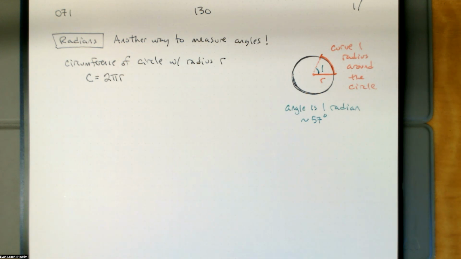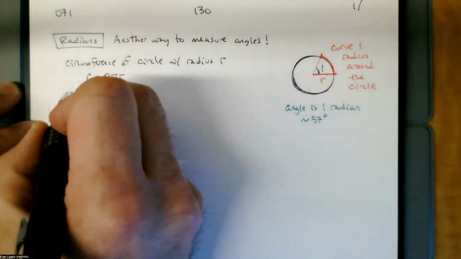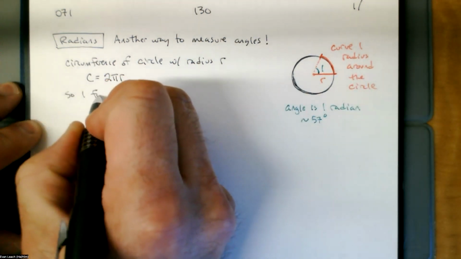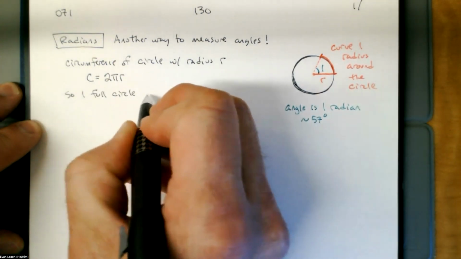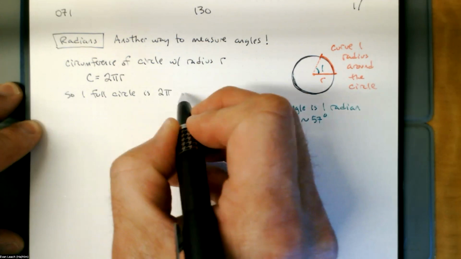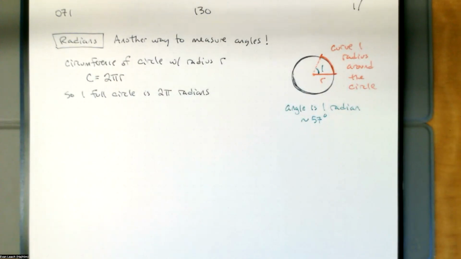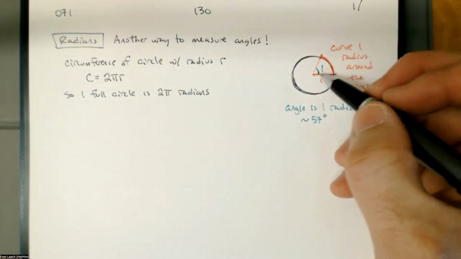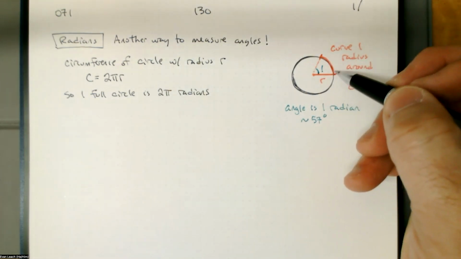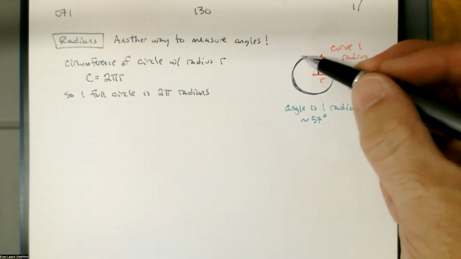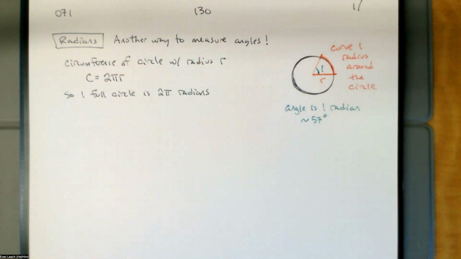What this means is that 1 full circle, that angle will be 2 pi radians. So for 1 radian, we have an arc length of 1 r. If we go all the way around the full circle, that arc length is going to be 2 pi times the radius. So that angle that we make will be 2 pi radians.